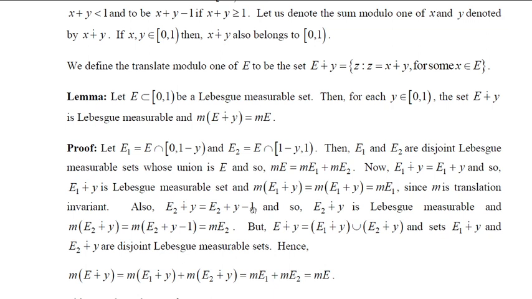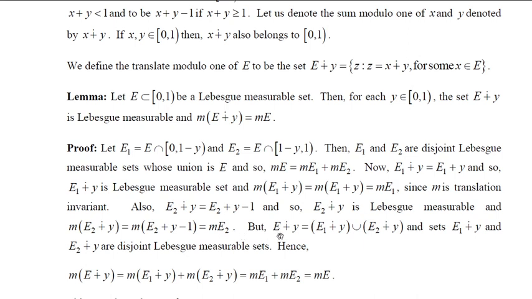Because of this reason, if x plus y is greater than or equal to 1, it has to be expressed by minus 1. And so the translate modulo of E2 is also Lebesgue measurable because it is equal to E2 plus some finite term. And further, the measure of this is the measure of E2. Since m is translation invariant, the measure will be one and the same.